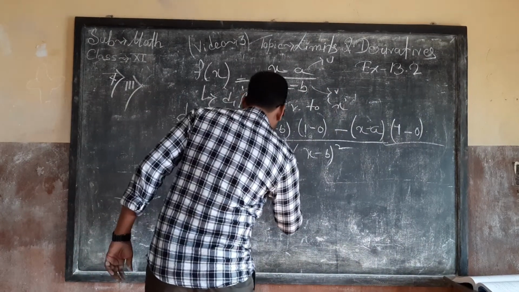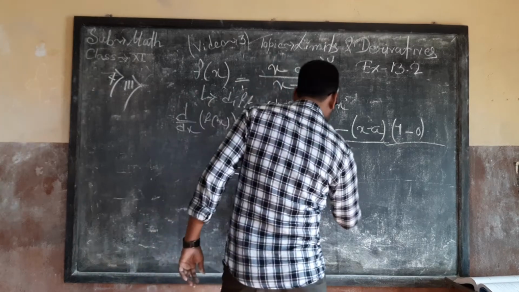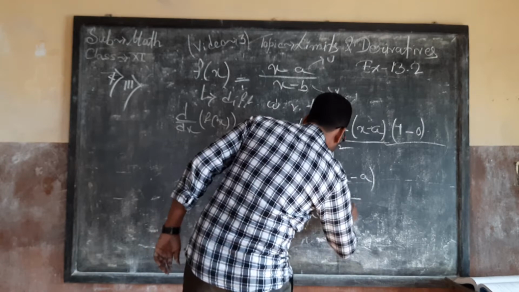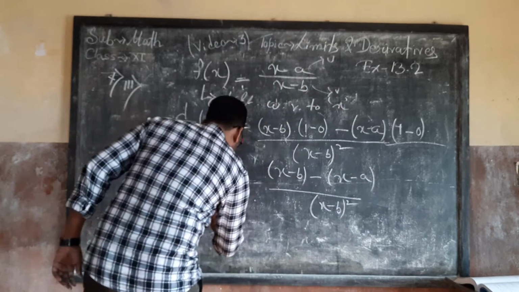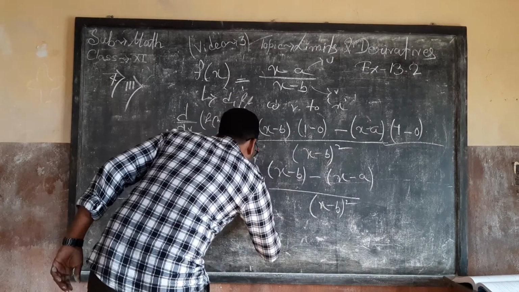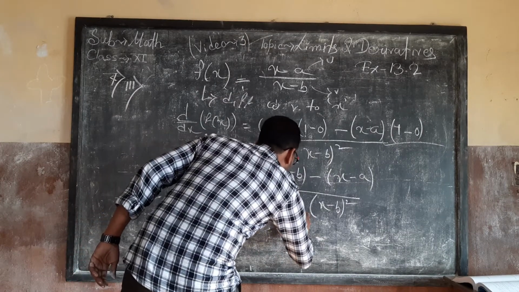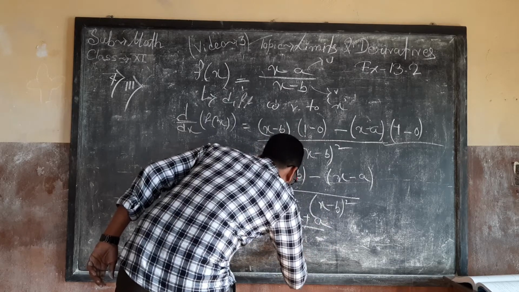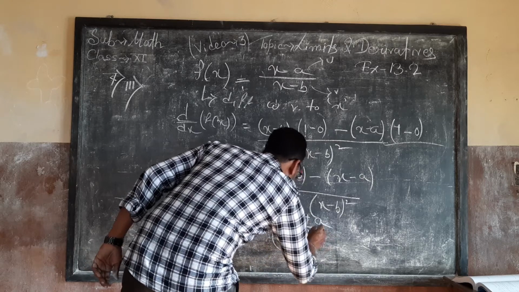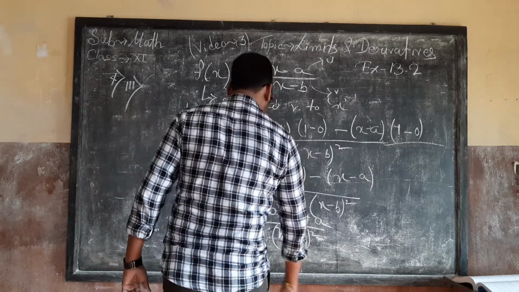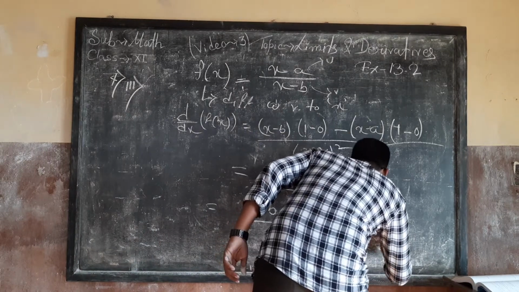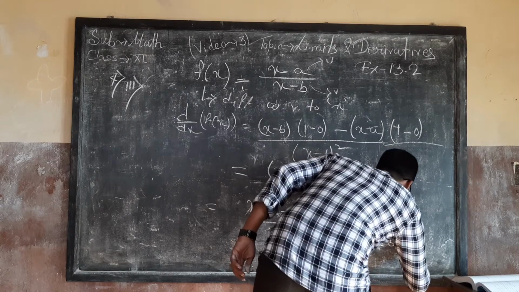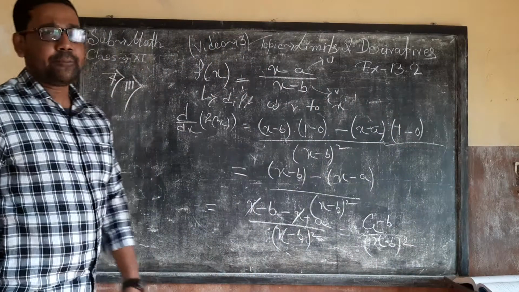This time it is (x minus b) minus (x minus a) by (x minus b) whole squared, and from this it is (x minus b) minus x plus a by (x minus b) whole squared. This x and this x cancel, and the final result is (a minus b) by (x minus b) whole squared.